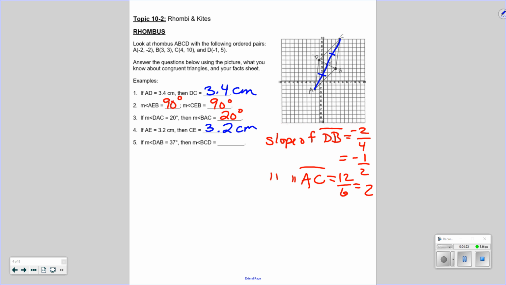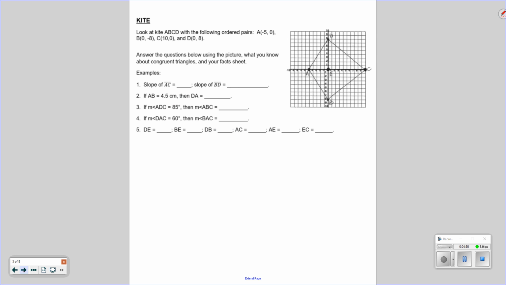And then last, if angle DAB is 37 degrees, so DAB is this entire angle, then the measure of angle BCD, which is opposite corner, that should also be 37 degrees because it is a parallelogram. Opposite angles are congruent. Okay, so that's using congruent triangles, our definitions on our fact sheet, and prior knowledge to help us figure out the different measurements.